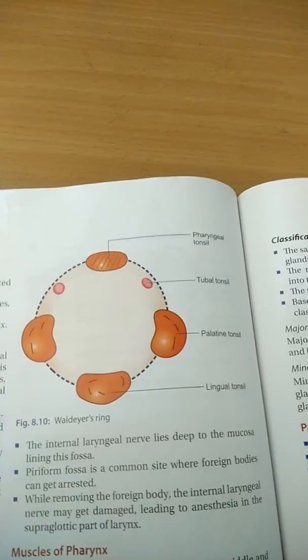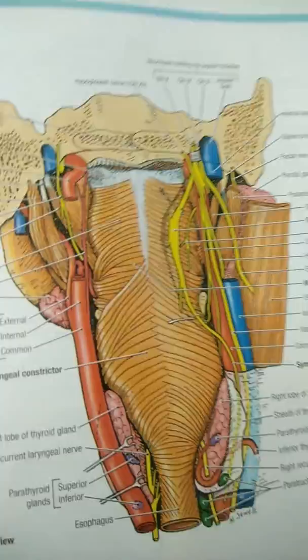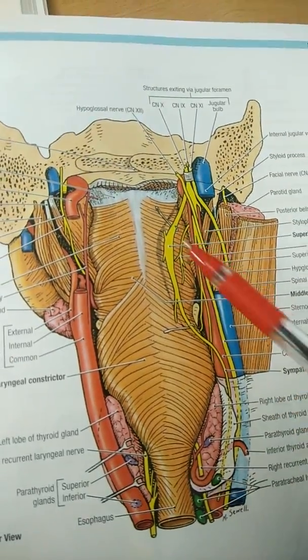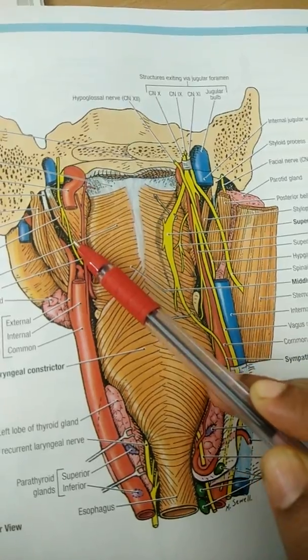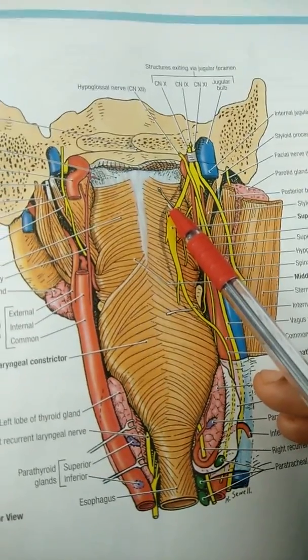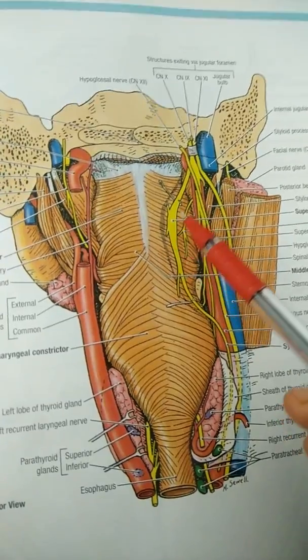Then coming to the muscles of the pharynx, there are two types of muscles that can be seen. One is circularly arranged muscles, another is longitudinal muscle. The circularly arranged muscles are known as constrictor muscles. There are three constrictors.